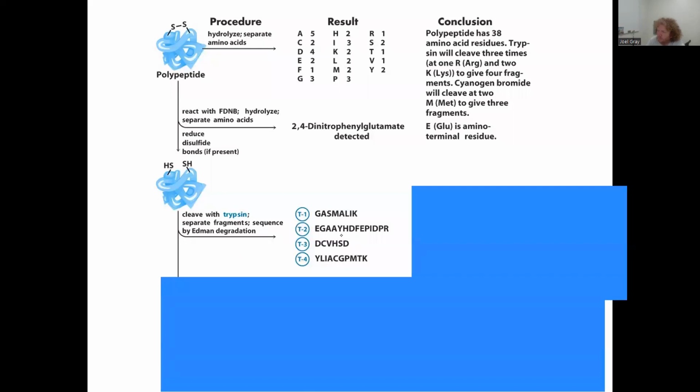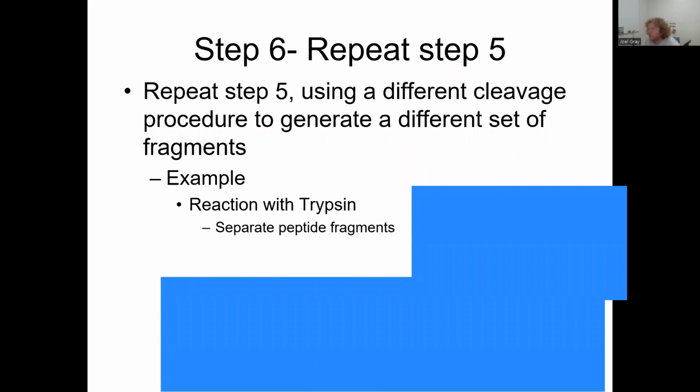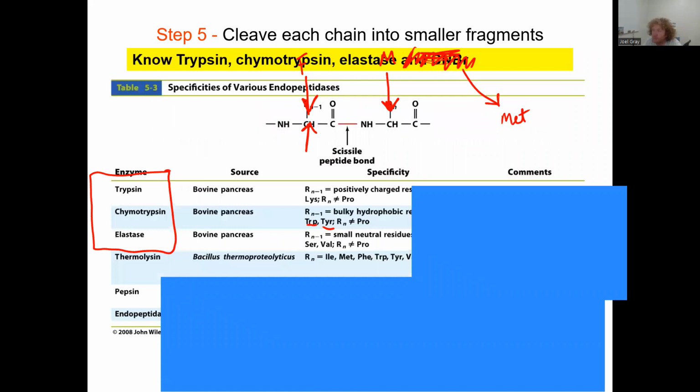We give it trypsin. We want to jump back for a second, actually. What does trypsin cut after? Trypsin is going to cut after a positively charged residue unless there's a proline.